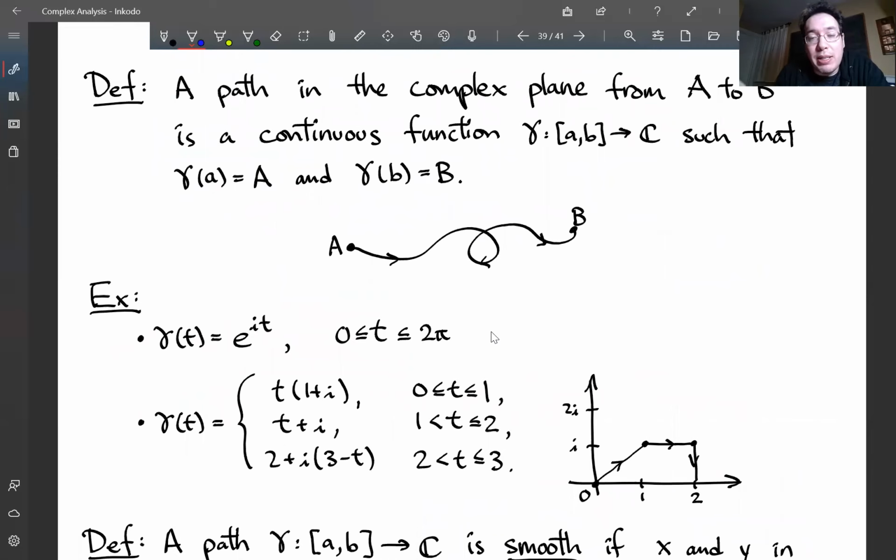Okay, so to make that idea more precise, we need some definitions.